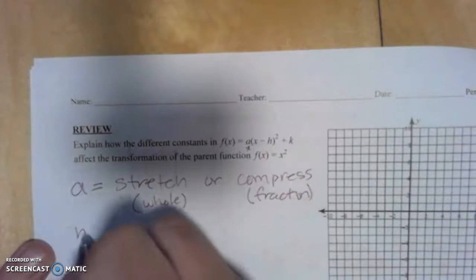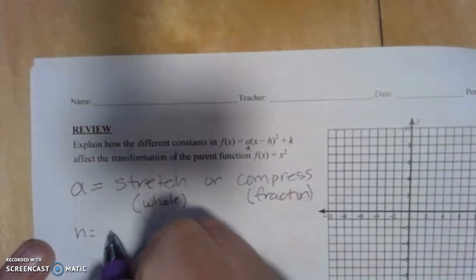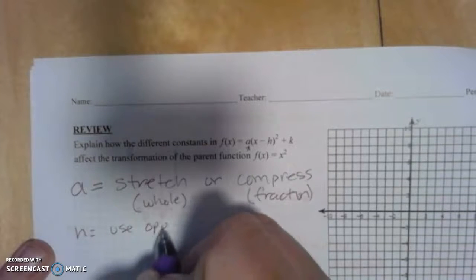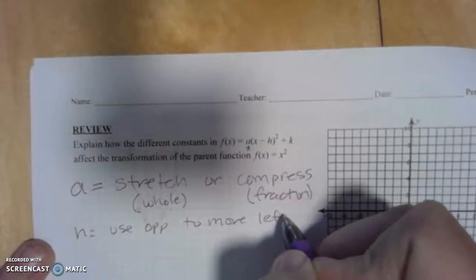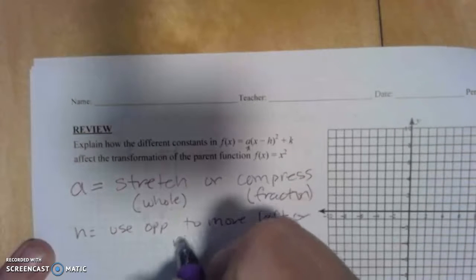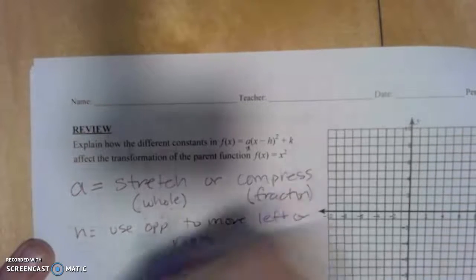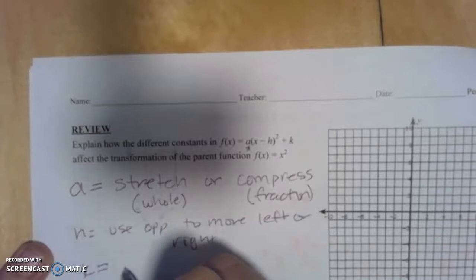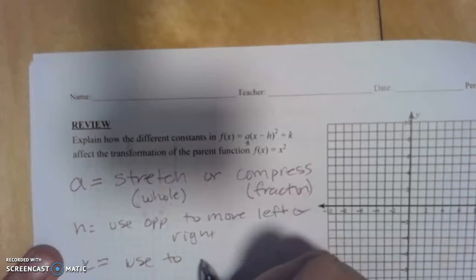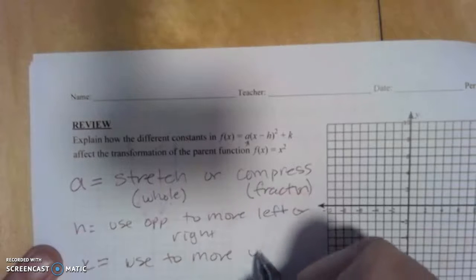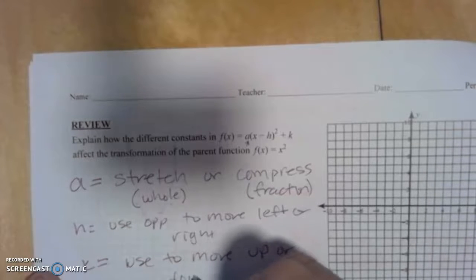Okay, H, you use the opposite to move left or right. And then the value K, you're going to use to move up or down.